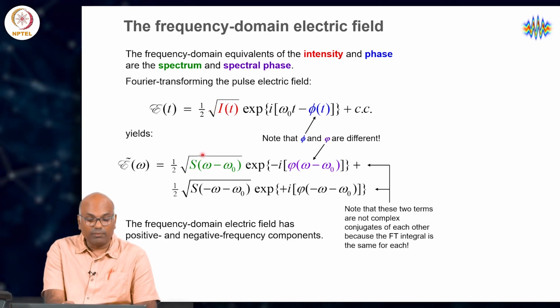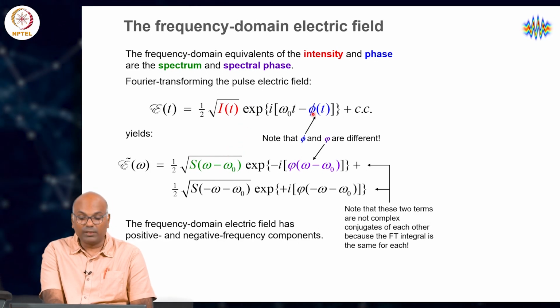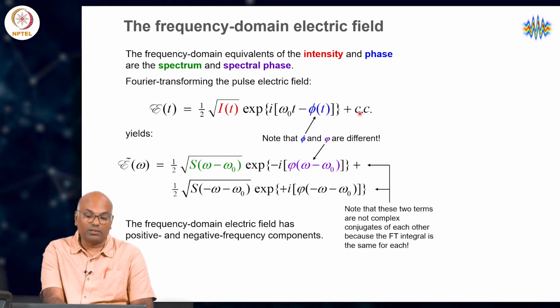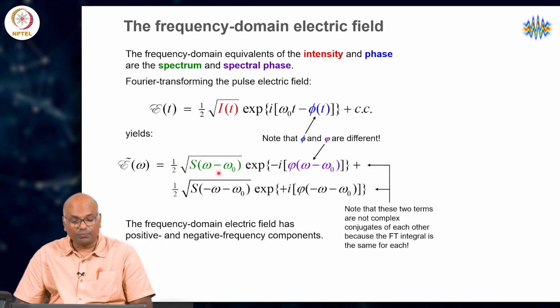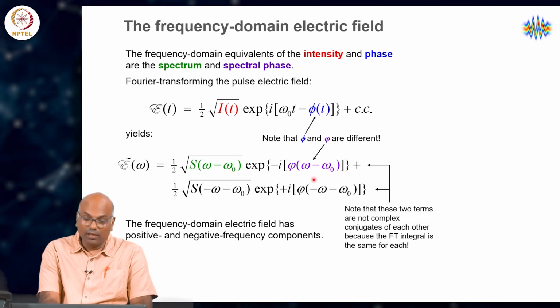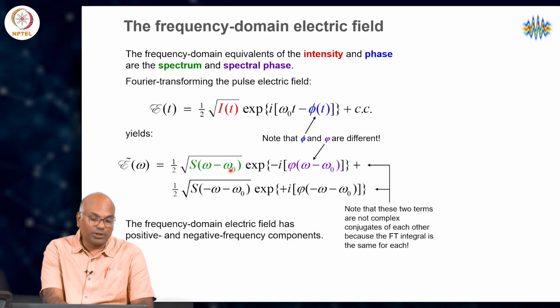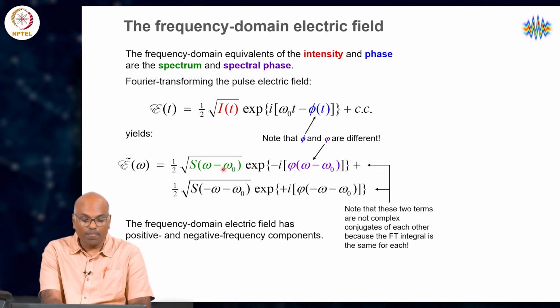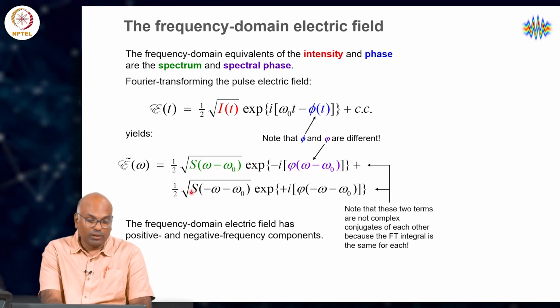Equivalently, we can describe this in the frequency domain by Fourier transforming both pieces, the piece that is written here and its complex conjugate, and obtaining two terms on either side of the 0 of the frequency scale, where omega naught retains its key position as the carrier frequency, and omega being the angular frequency variable.